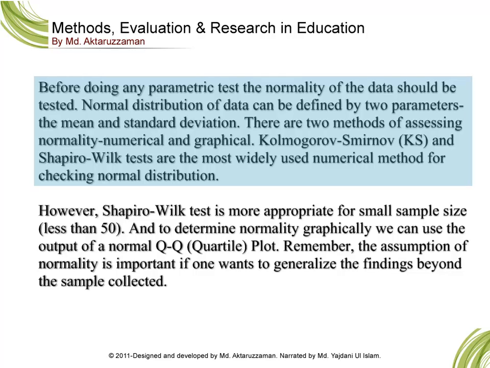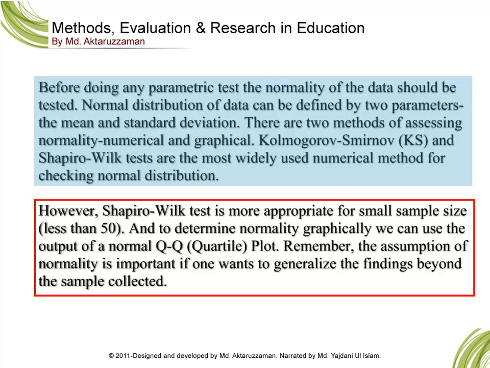There are two methods of assessing normality. One is numerical and the other is graphical. Kolmogorov-Smirnov and Shapiro-Wilk tests are the most widely used numerical methods for checking normal distribution. However, Shapiro-Wilk test is more appropriate for small sample size, which is less than 50.